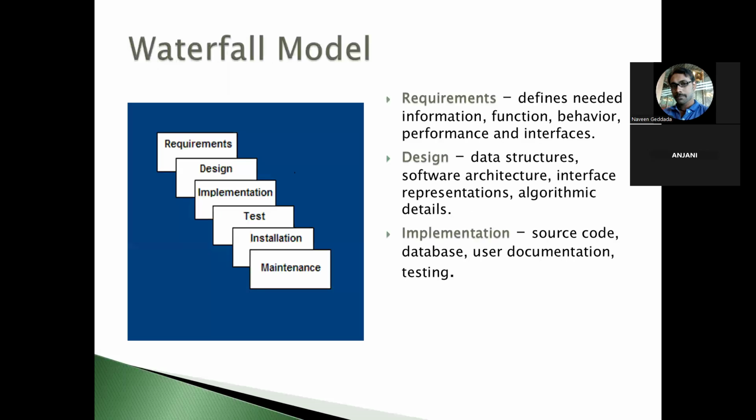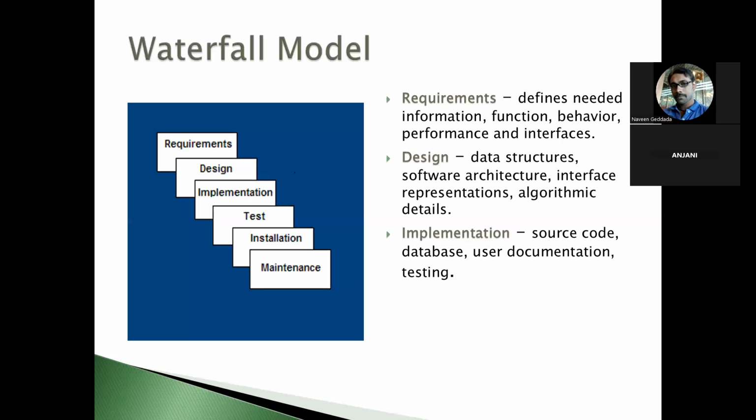So now we will understand what the waterfall model is. If you see here, in the waterfall model the first stage starts with the requirements, followed by design and then implementation. Then you will have the testing phase, then the installation on the servers, and then we will have the maintenance.